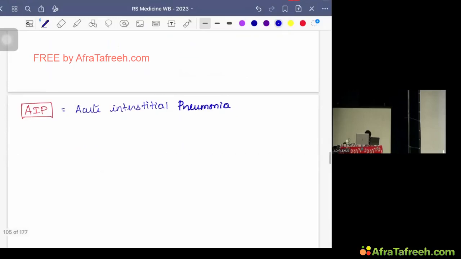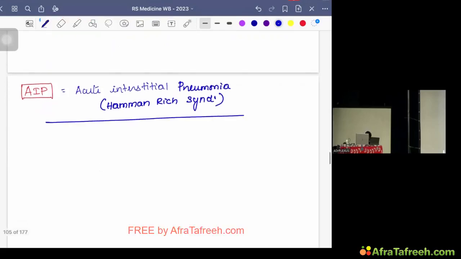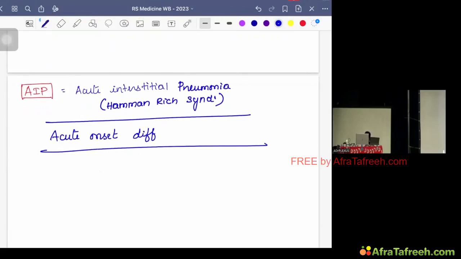This acute interstitial pneumonia is also called Hamman-Rich syndrome. Hamman-Rich syndrome is characterized by acute onset diffuse alveolar damage.